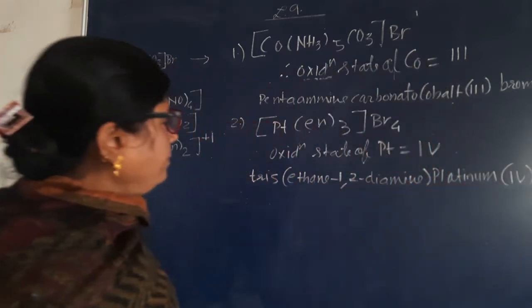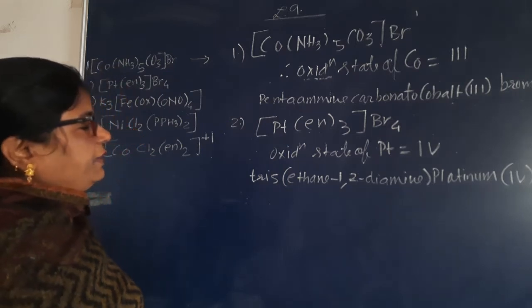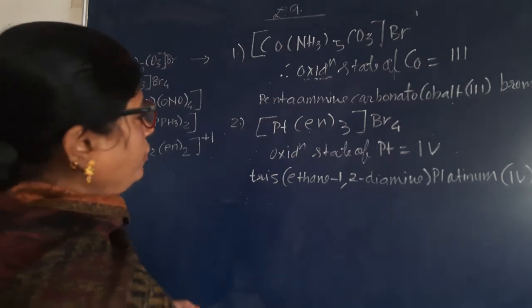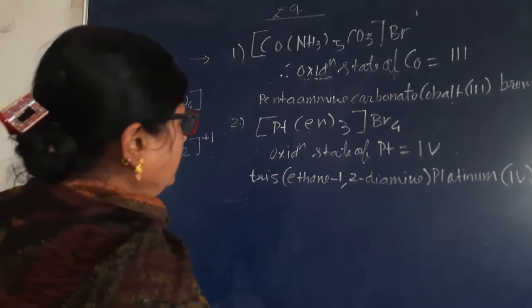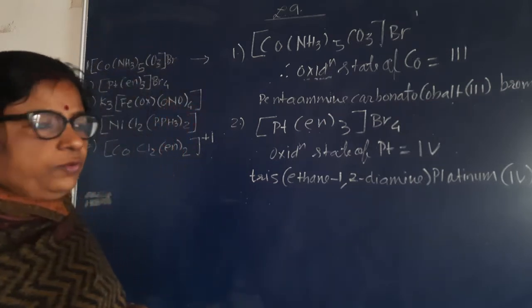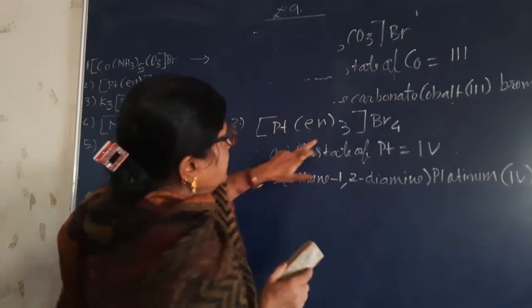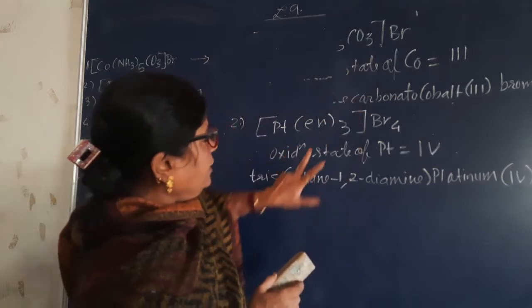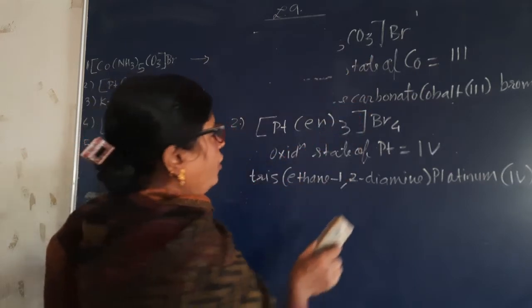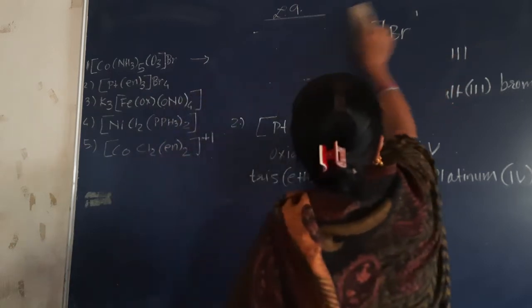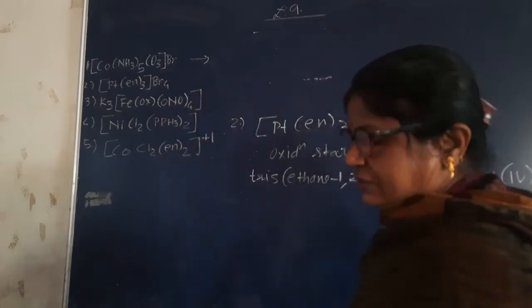So the name of the compound is tris(ethane-1,2-diamine)platinum(IV) bromide. Copy it down. Whenever numerals are already there in the ligand, then you will use either tris or bis. How many times it is given depends on that.